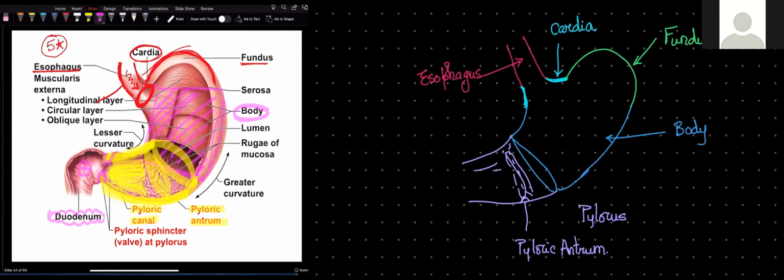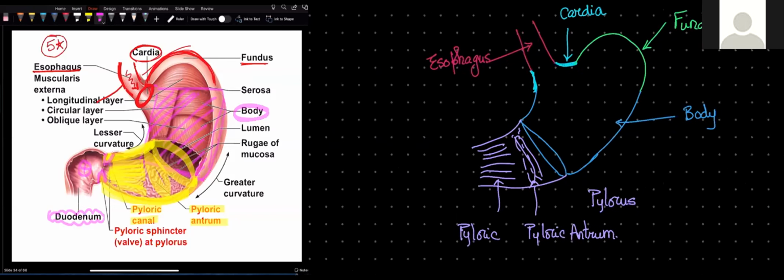The constricted part on here, where I have the most vigorous contractions in the stomach taking place. This is called the pyloric canal. And I have the sphincter on here that will be regulating the passage of the food.